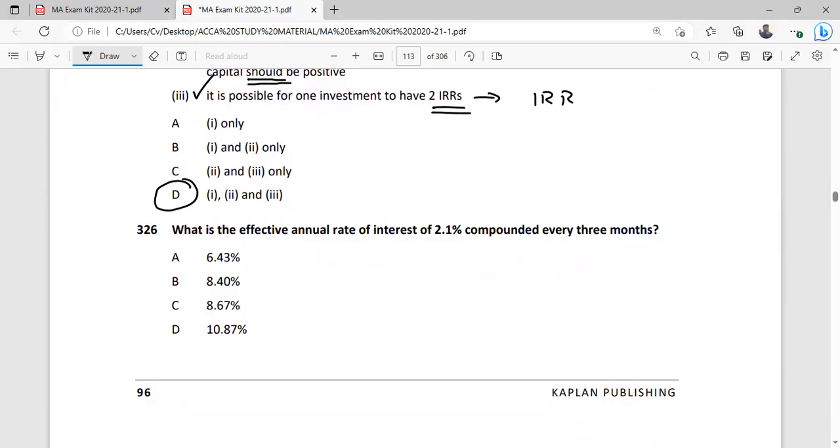Okay, then what is the effective annual interest rate of 2.1% compounded every 3 months? So 1.021.